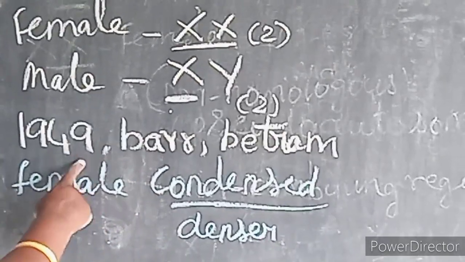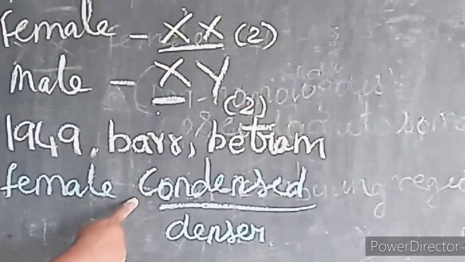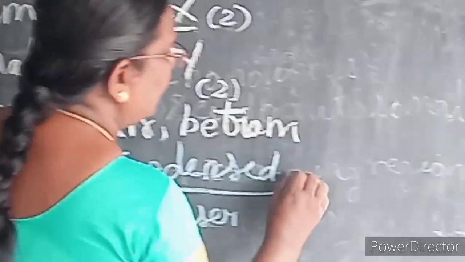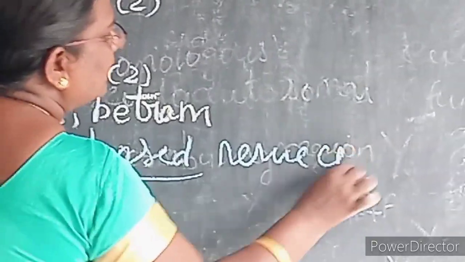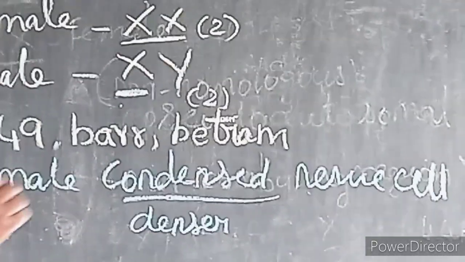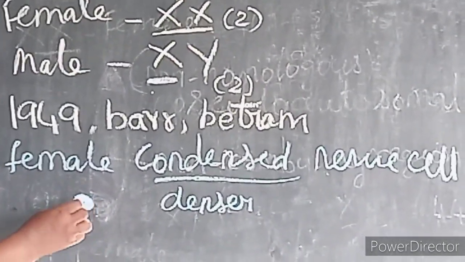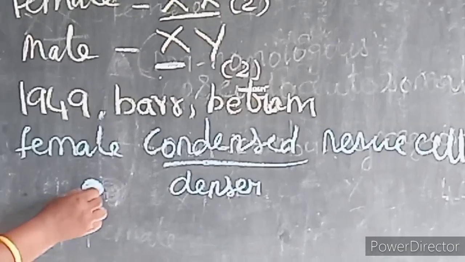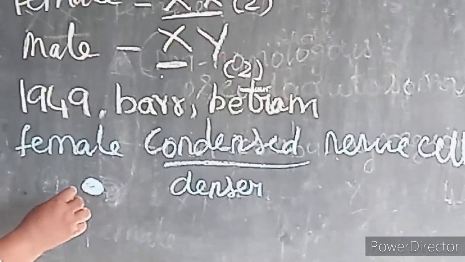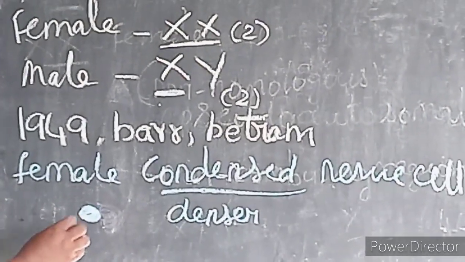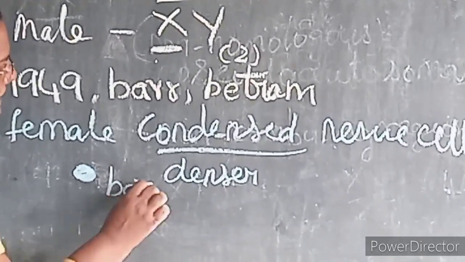So in 1949, Barr and Bertram observed a condensed body in the nerve cell in the female. This condensed body in the female is called a Barr body.